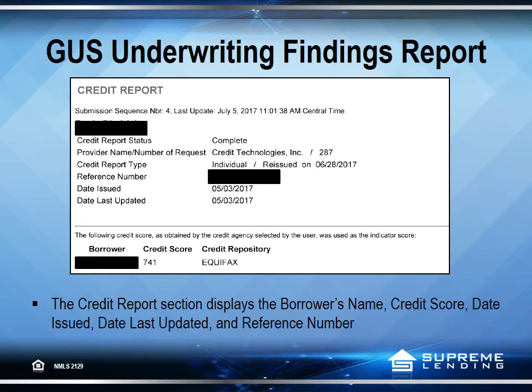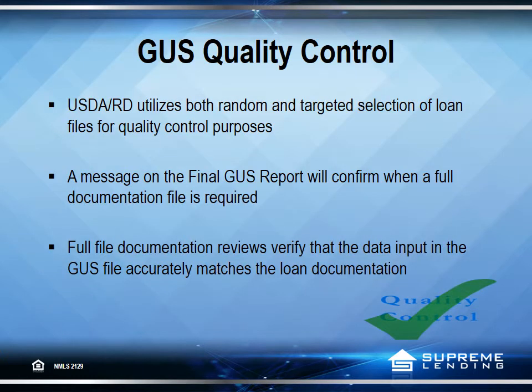Now we'll take a look at the Credit Report section, which displays the borrower's name, credit score, date issued, last date updated, and the reference number. GUS Quality Control.